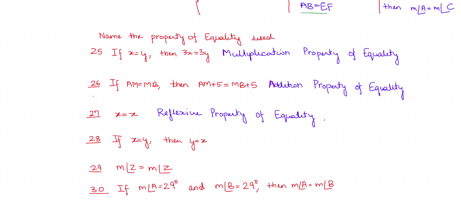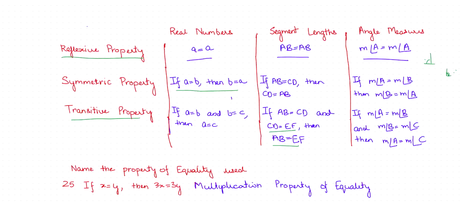Now this is if x is equal to y, then y is equal to x. So this is symmetric property of equality. Like we used here, if A is equal to B, B is equal to A. Like if AB is equal to CD, then CD is equal to AB.